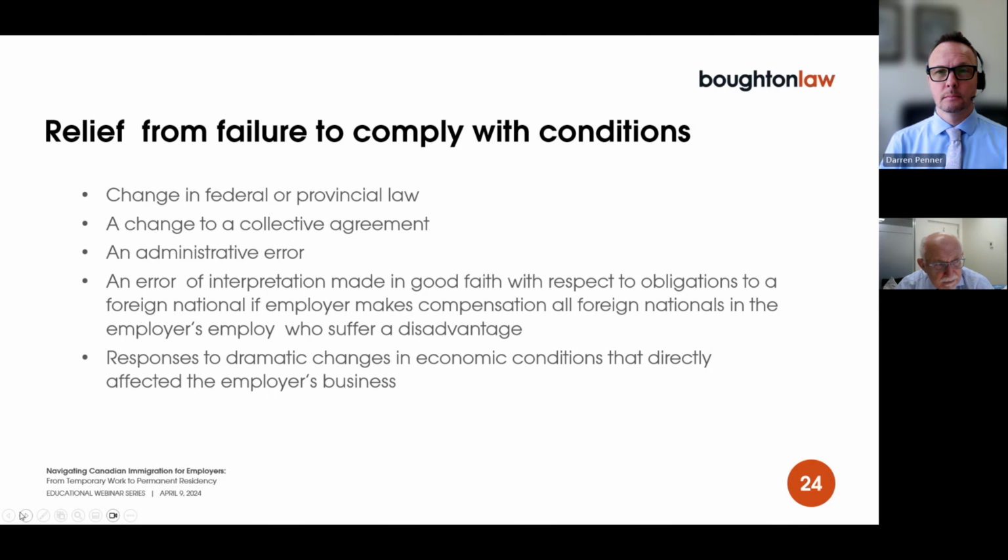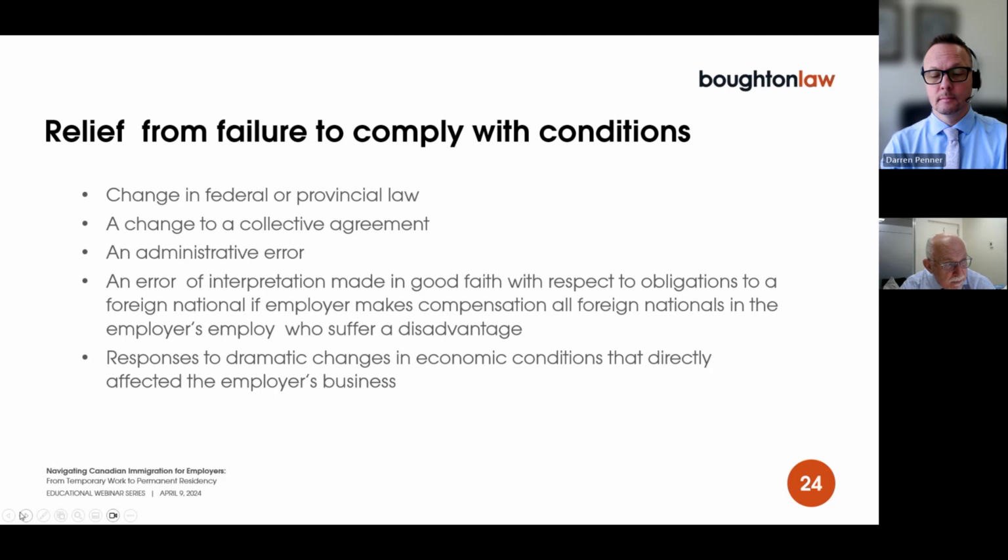And in terms of penalties, as I gave you an example of a penalty, but be aware that penalties can range up to $100,000 to a maximum of $1 million per year. I've never seen that. I'm just telling you that the legislation allows them to try and impose these types of penalties. Now, it's also possible for employers to get relief from the failure to comply with conditions.